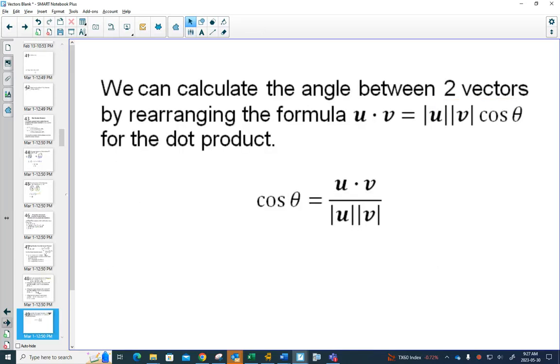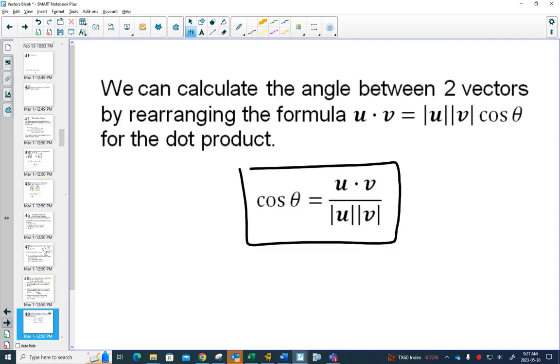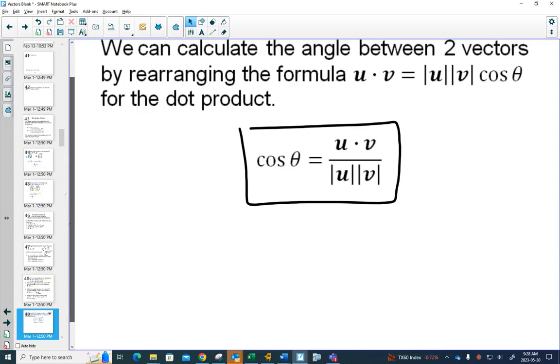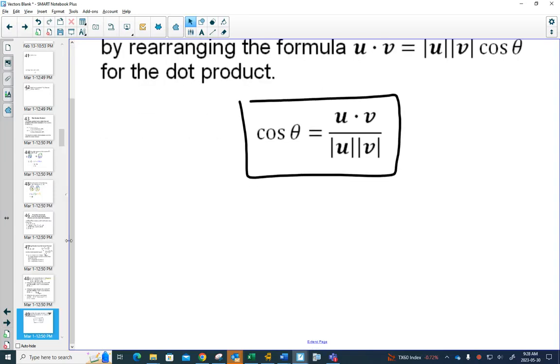And if you rearrange this formula to get cos theta by itself, now we have a quick way to find the angle between two vectors. Okay? Let's think about this prior to vectors. How would you find an angle between two things?